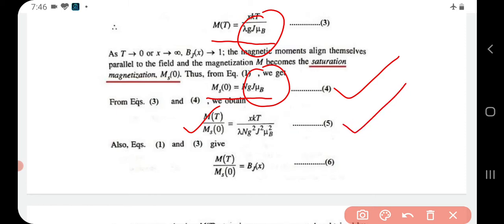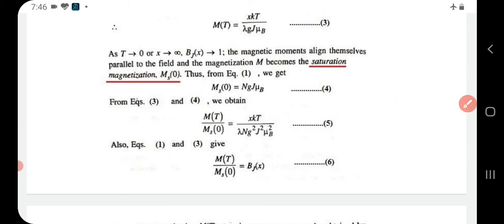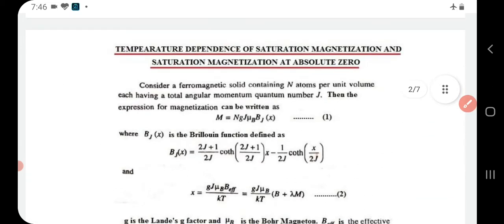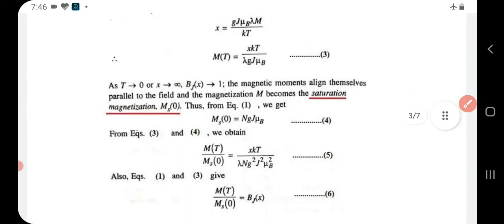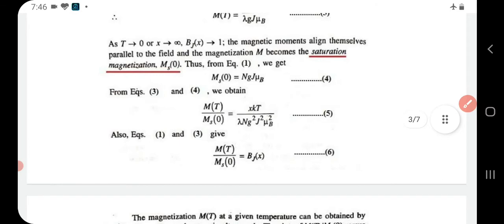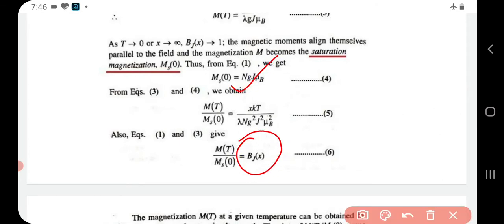And after that, divide equation 1 by equation 4, then you will get equation 6. That is very simple. You write equation 1, M_T divided by M_S0, and everything will get cancelled; you will get only B_J(x). Let that be equation 6.